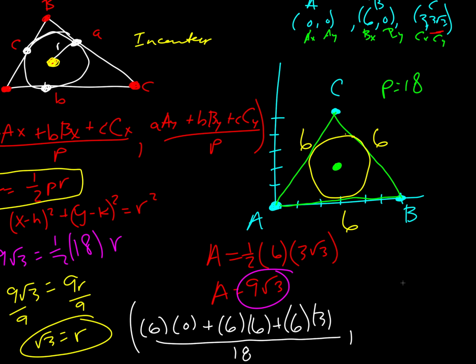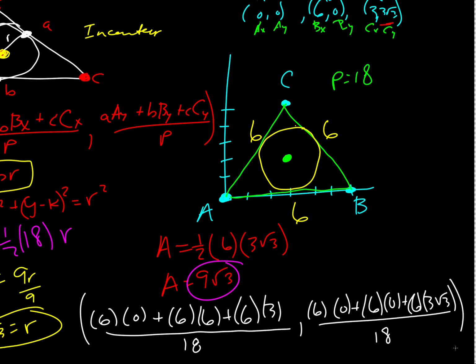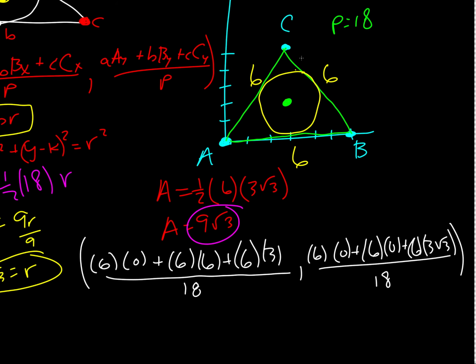Now the next piece, we're going to do our A, and then the y coordinate, which is 0, and then the y coordinate of B, which is also 0, and then the y coordinate of that, which is 3 root 3, all over 18. Okay, now it just comes down to simplifying this. So 6 times 0 is 0, 6 times 6 is 36, 6 times 3 is 18.